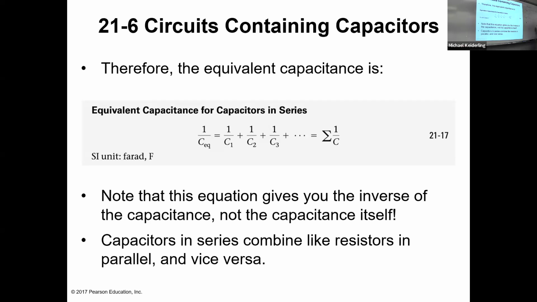Sum of 1 over C. And this gives you the inverse of the capacitance, much like you get the inverse of the resistance. So capacitors in series combine like resistors in parallel and vice versa.